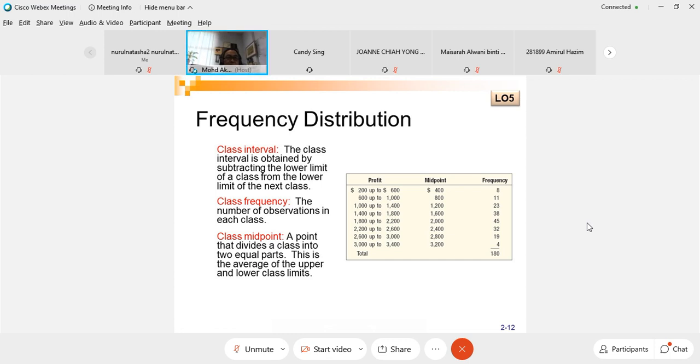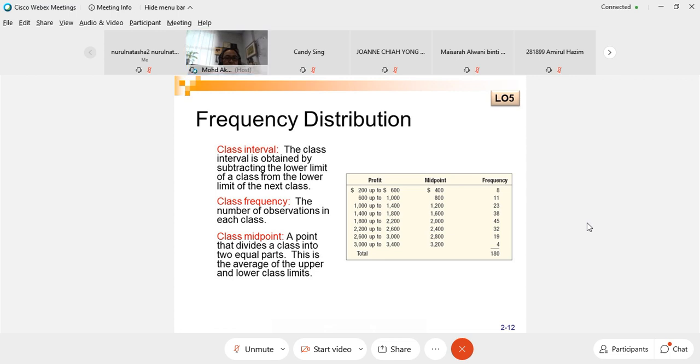So in frequency distribution, we have three items. Number one is class interval. Class interval means the class obtained by subtracting the lower limit of the class from the lower limit of the next class. See here, 200 to 600.